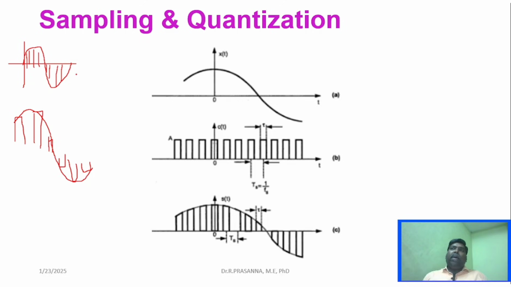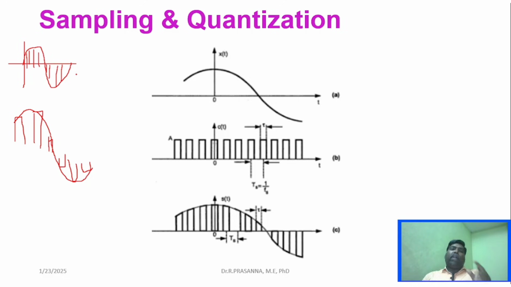Whereas in an analog signal, it is very difficult to process the signal. In digital, it can be stored, it can be transmitted, and you can do a lot of processing to reduce errors and improve efficiency. All those things are possible. So that is the purpose of sampling.